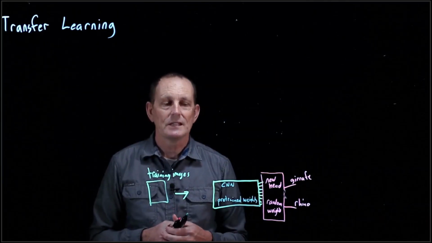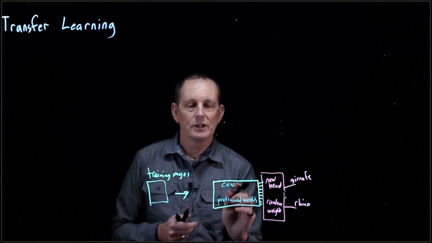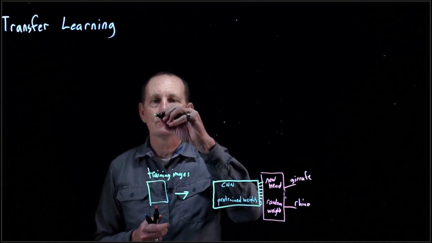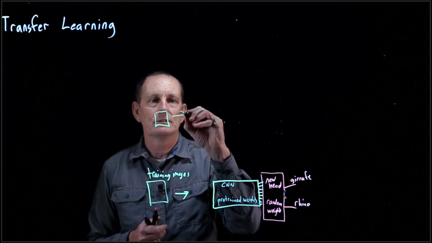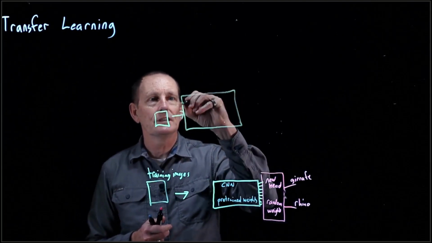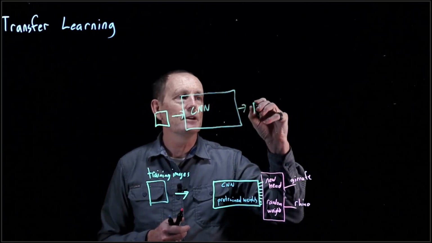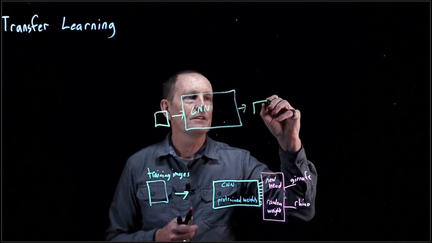There is a performance enhancement you can make as far as your training. So if we look at this CNN pre-trained weights, we feed in an image. So let's look in more detail. We go in here, we feed this through the CNN portion. And what does that spit out? That spits out a feature map, right? A set of activations.